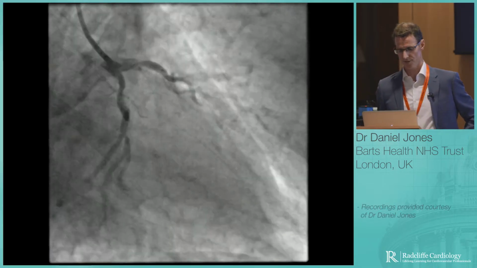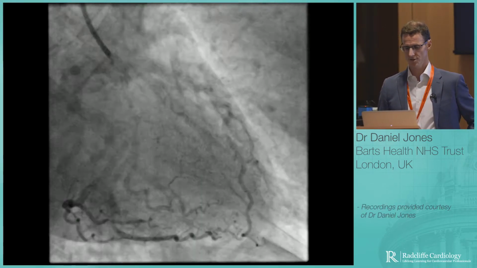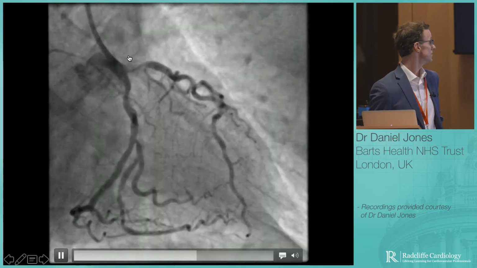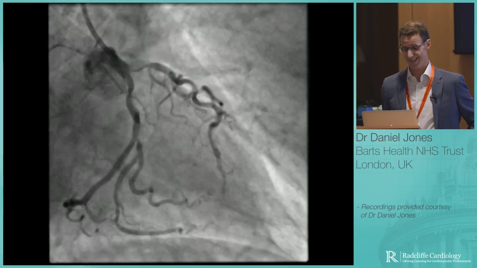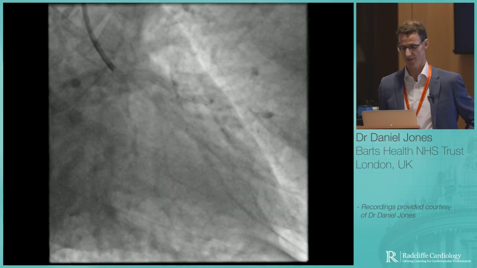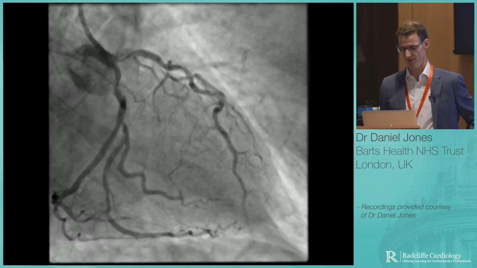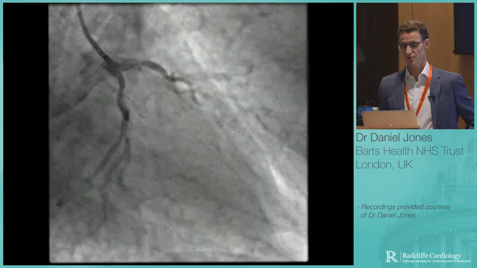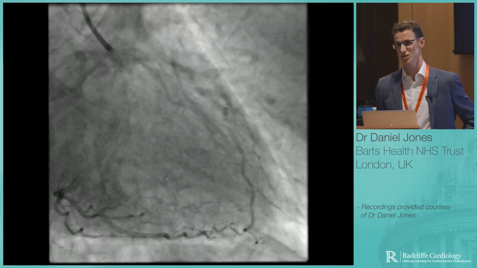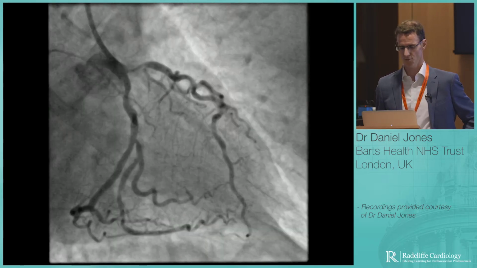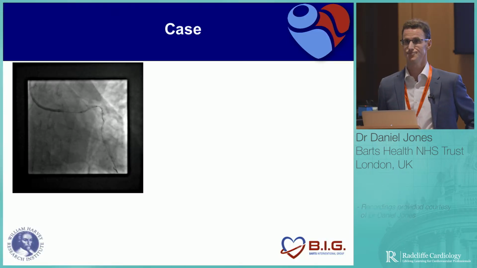In a close-up of this lesion, you can see quite clearly significantly calcified ostioproximal LAD disease with radiopacities apparent on the superior aspect of the left anterior descending coronary artery. It's a non-diabetic ACS presentation, single vessel disease, so the operator proceeded to angioplasty.